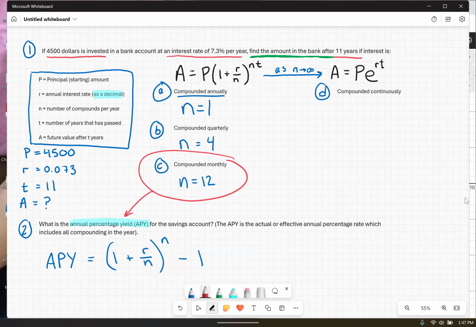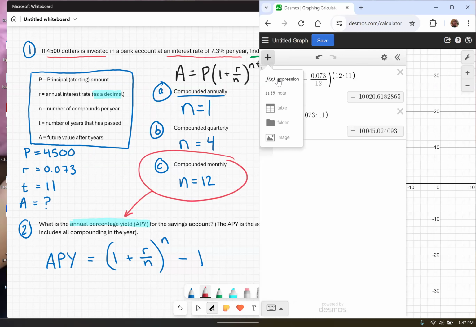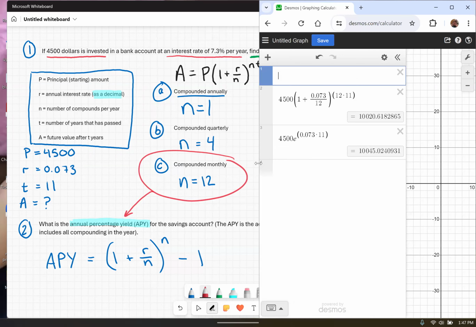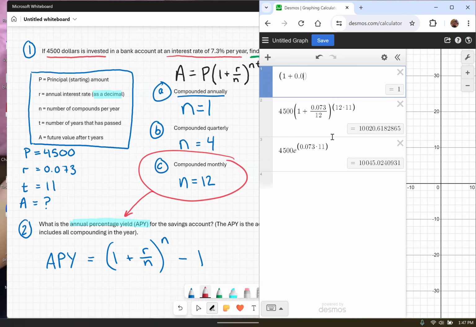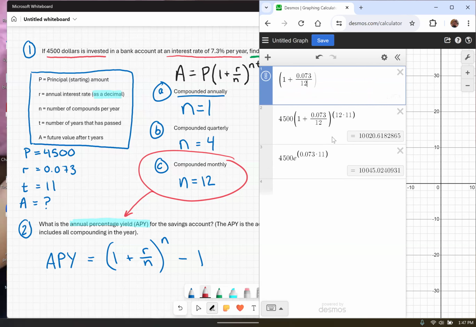Okay, so I'll go over here to Desmos. I'm not going to do this twice. Let's just do it over here on Desmos. I'm just going to type in exactly what I just wrote down in blue. Parentheses, 1 plus R over N. So 0.073 divided by 12.